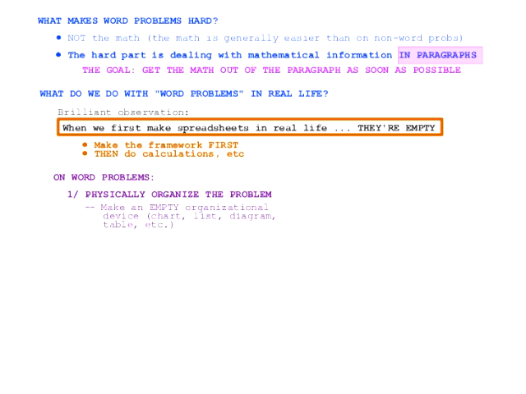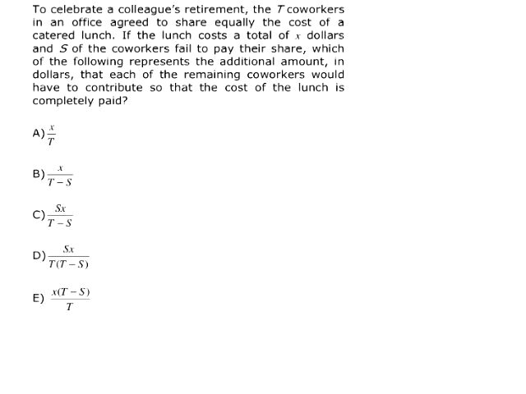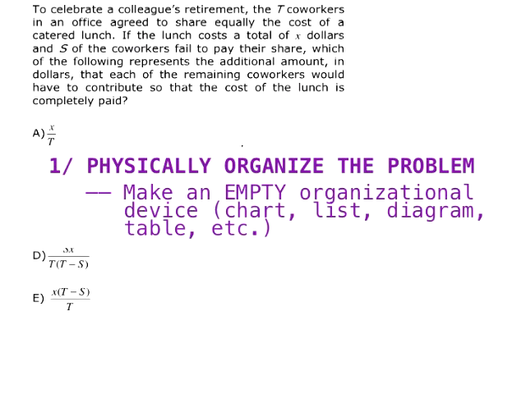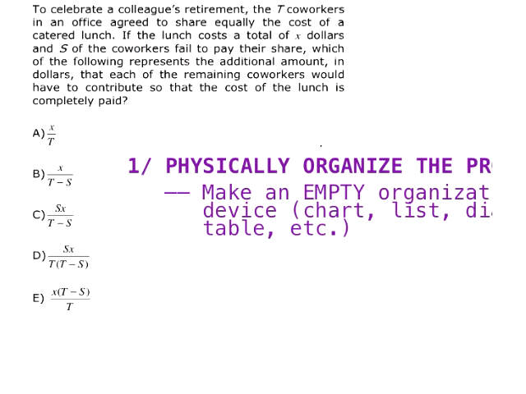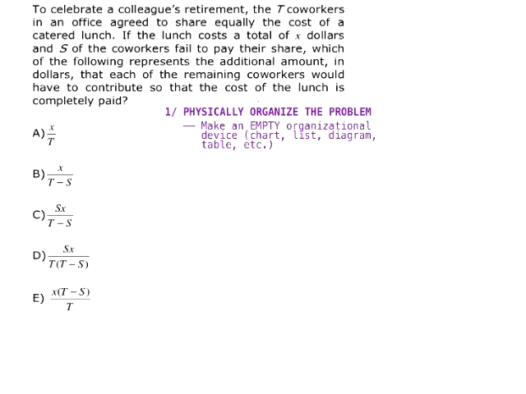So let's do that. Let's physically organize the problem that we have here. Just think about making an empty chart for this. We're not going to do any math yet, and we're not going to put anything in the chart yet. If we're going to make some sort of chart for this, what's going to go on it?